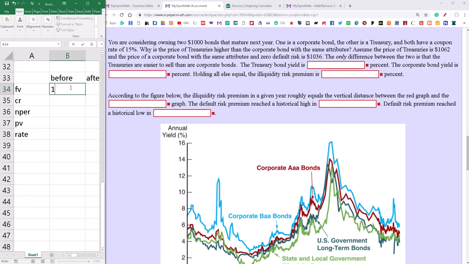Okay, so let's go down here and do the before and after. They're both $1,000 bonds. I'll just type an equal sign there. They both got a coupon rate of 15%. So the coupon payment would be $150. They're both maturing in a year. The price, whoops, this is the treasury.